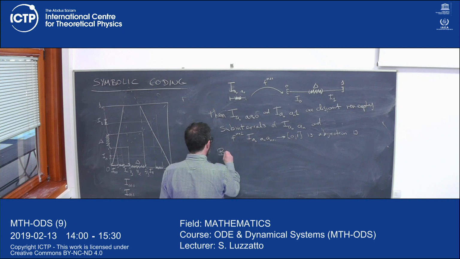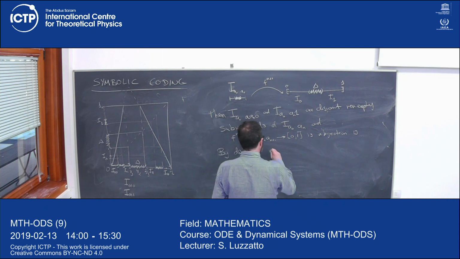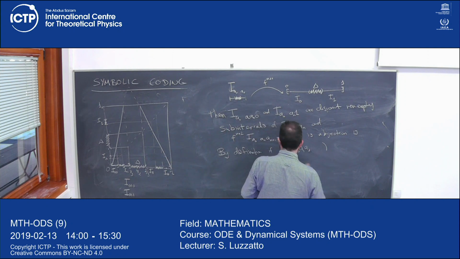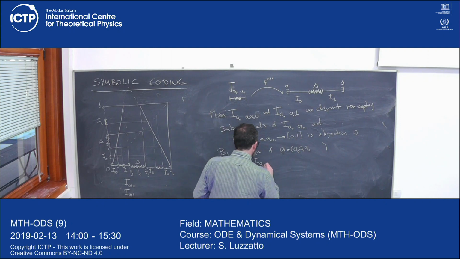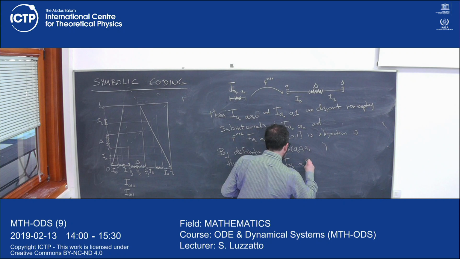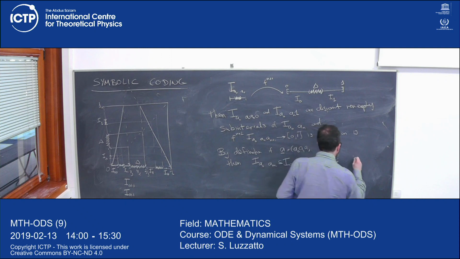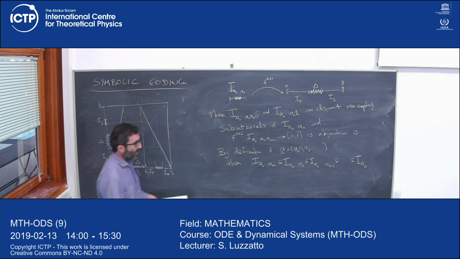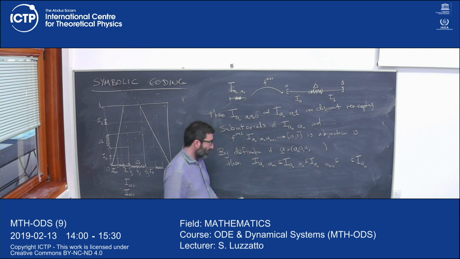So if a bar is equal to some specific sequence, then the interval I_{a0...an+1} is contained in I_{a0...an}, which is contained in I_{a0...an-1}, and so on, contained in I_{a0}, because of the definition: this is the set of points that are in A0, whose images are in A1, and so on.